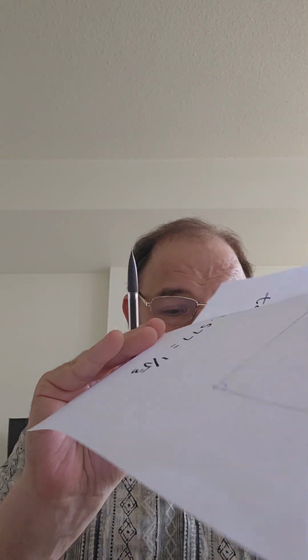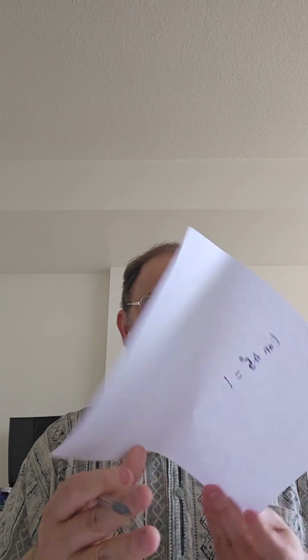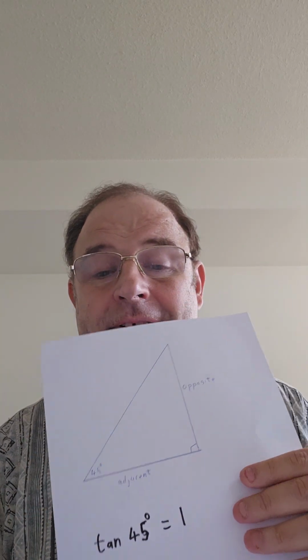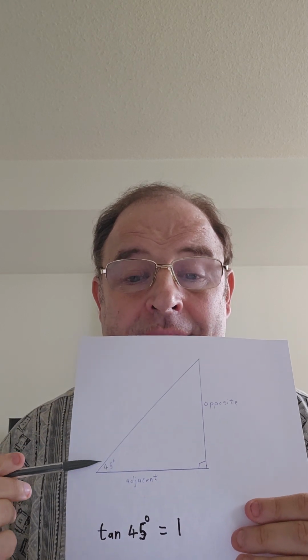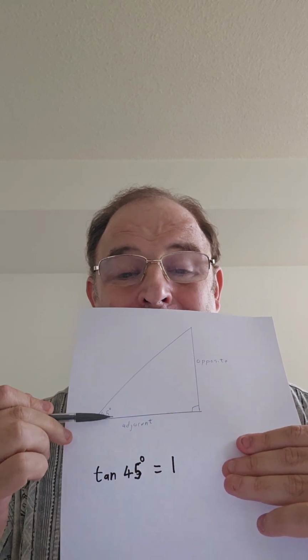And of course, the tan of 45 degrees happens to equal 1. If you have a triangle with 45 degrees here, the opposite and adjacent are equal. That length divided by that length will always equal 1. And again, it's in proportion. It doesn't matter how big or small the triangle is.